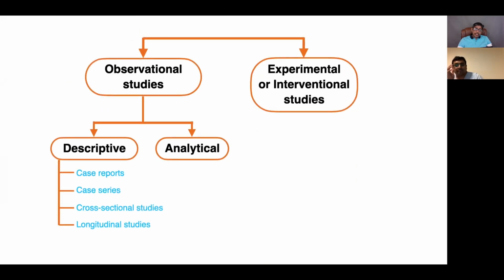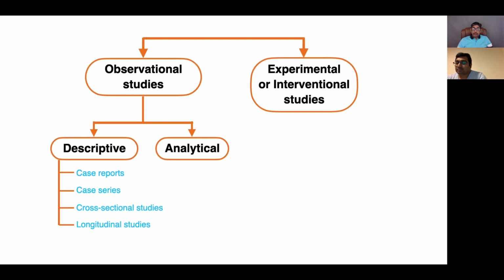Descriptive studies are the beginning of writing any papers. You can start off with case reports, and if you have more case reports, you can write them up as a case series. If you have more data or access to a database, you can do cross-sectional studies.